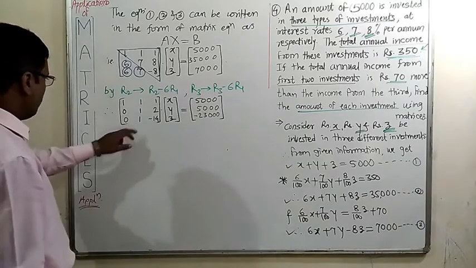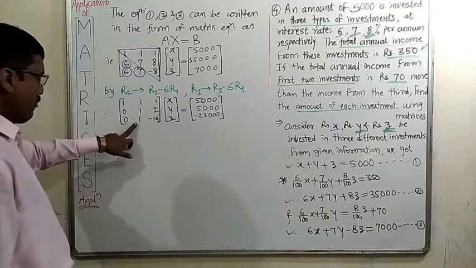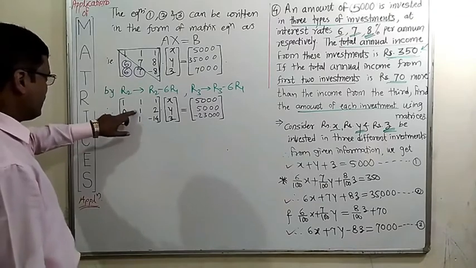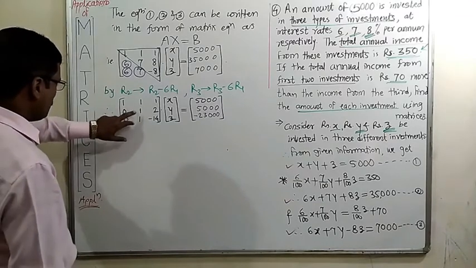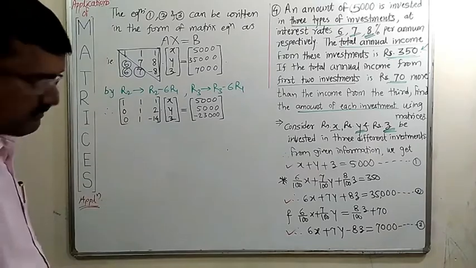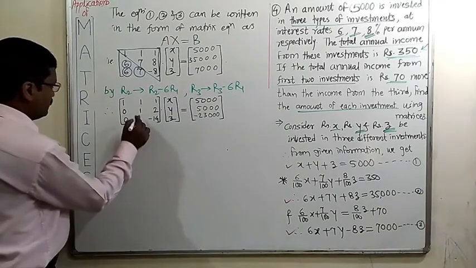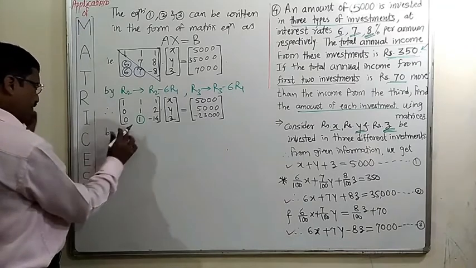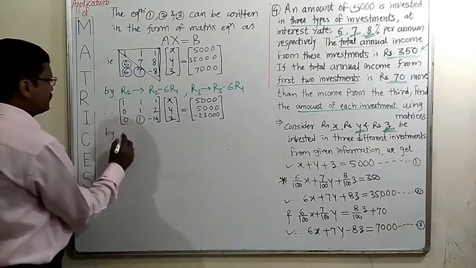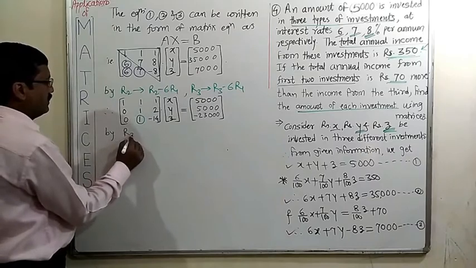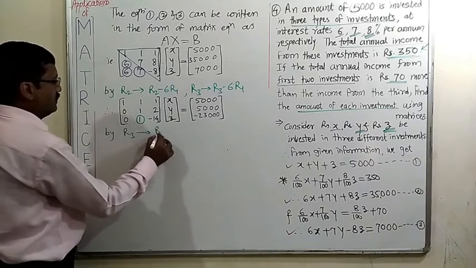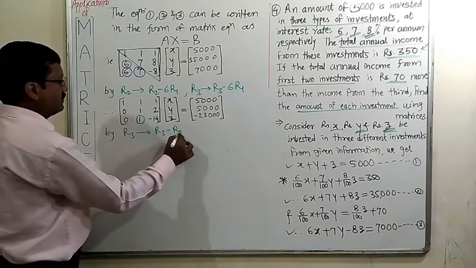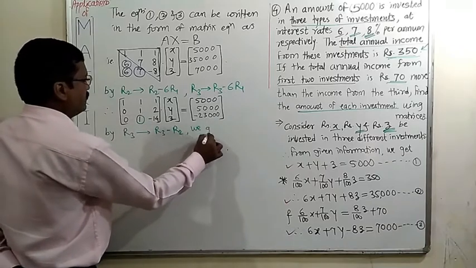Now we have to convert this 1 into 0. For that we will use this one. So R3 changes so that R3 minus R2.